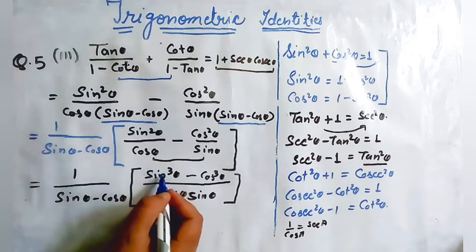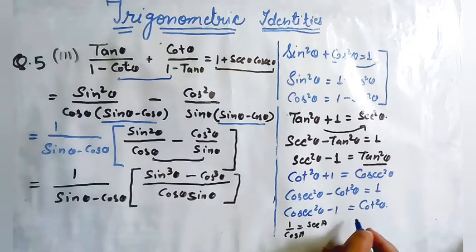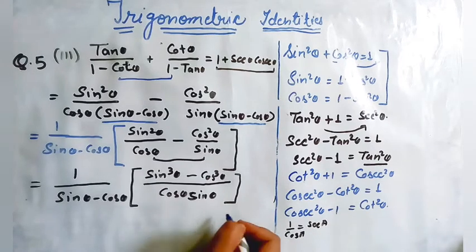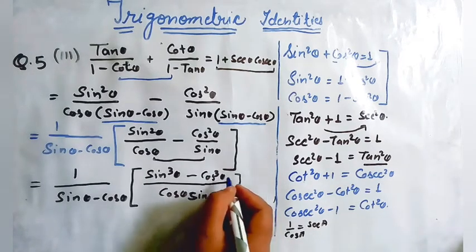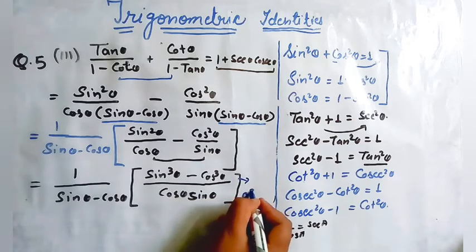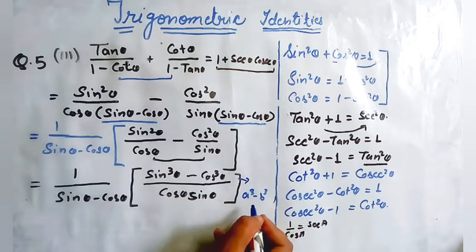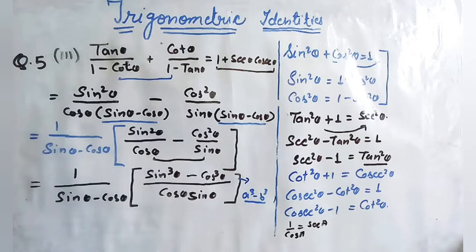Now you can see the numerator inside the brackets. It is a cube minus b cube. So here we can use this identity. Let us see what will come.